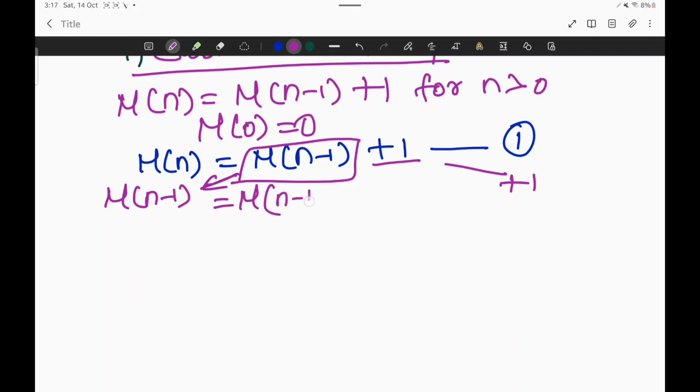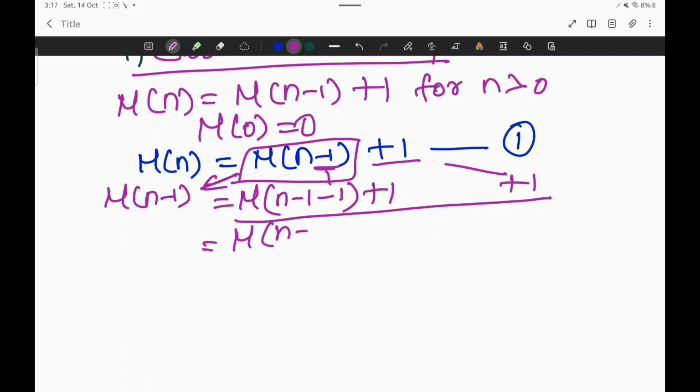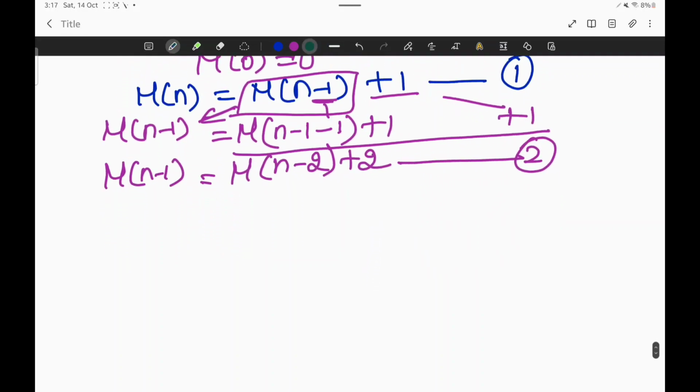In the first equation plus 1 is already there, so M of n minus 1 already has minus 1, plus 1. The whole equation is replaced only with n minus 1, and we already have plus 1. So M of n minus 2 plus 2. Now we need to find out the value for M of n minus 2. So this is the second equation.